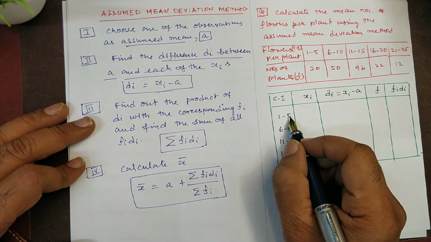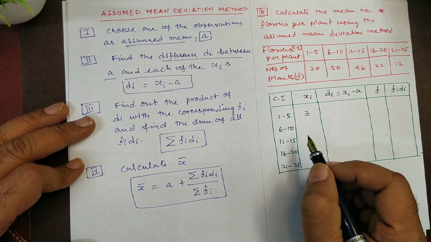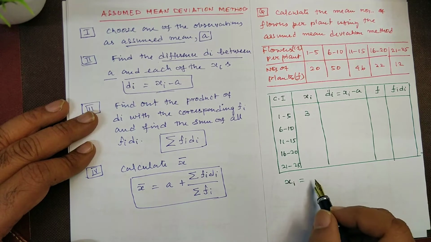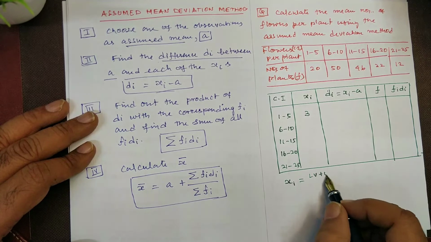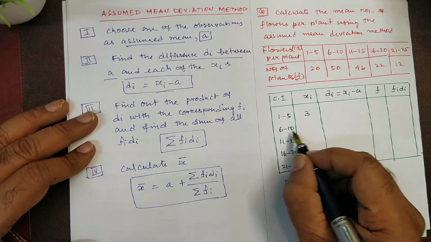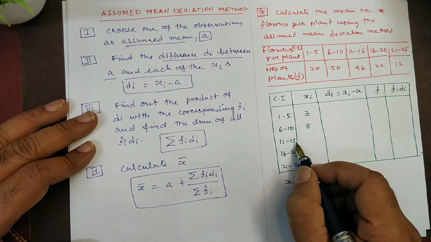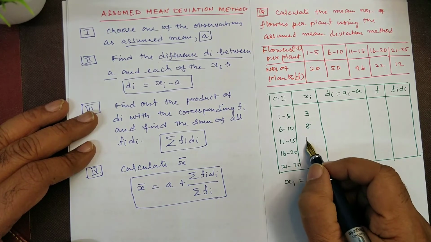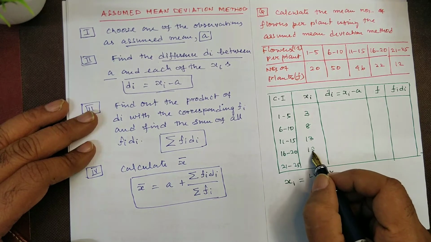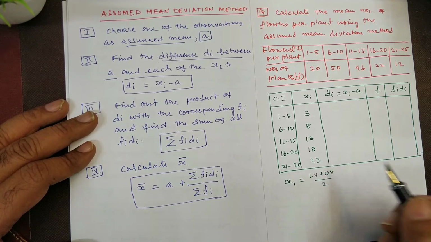So 1 plus 5 divided by 2, 6 by 2, 3. 6 plus 10 divided by 2, 16 by 2, 8. 11 plus 15, 26 divided by 2, 13. 16 plus 20, 36 divided by 2, 18. 21 plus 25, 46 divided by 2, 23.